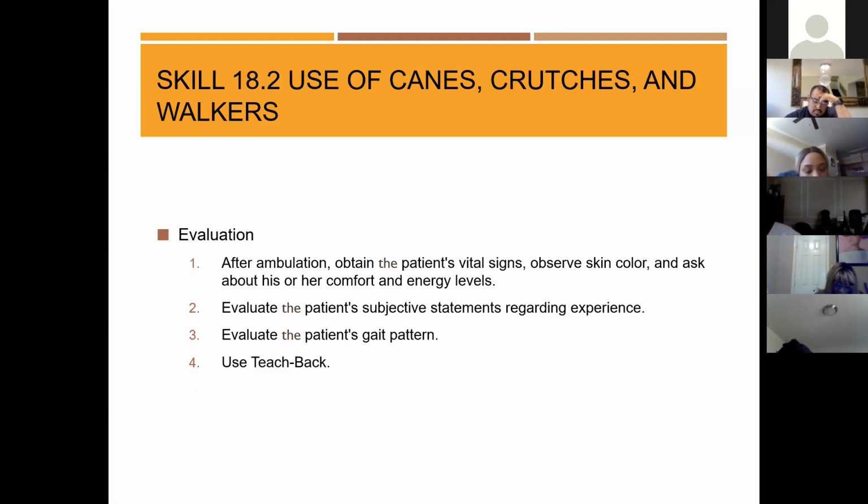I want you to get into the habit of finding out from the patient what the patient is feeling regarding what they're doing. So you can observe, oh, patient not fatigued because they don't look like they're tired when they got back in the bed, but she might be, because you can't experience that, right? So make sure that you're asking your patient how they're doing. If they have questions, be there to answer them for them. Okay.